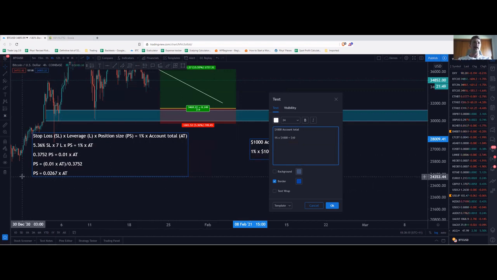Now, if we use this equation that we came up with, we want our PS to equal 0.0267 times our account total, which means that our PS will be 0.0267 times $1,000.